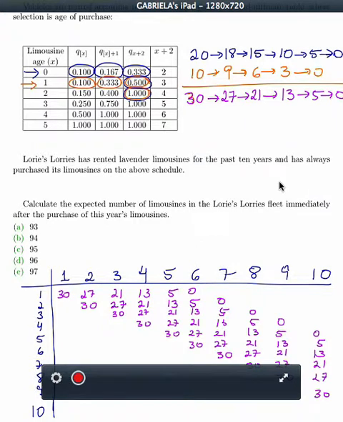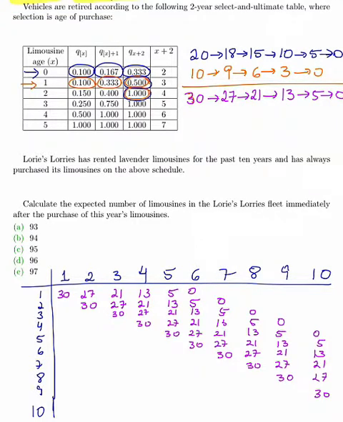So I do this for each year, right? I'm purchasing 30 in year 1, 2, 3, 4, 5, 6, 7, 8, 9, 10. So when I purchase the 30 in the year 10, I still have 27 from the ones that I purchased a year ago and 21 from the ones I purchased 2 years ago, etc.